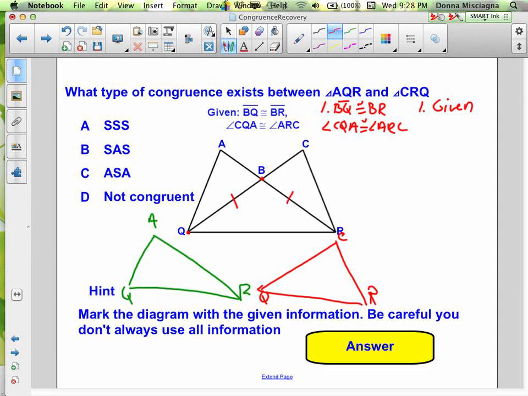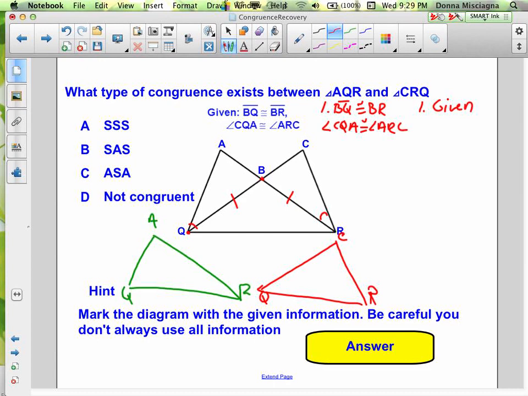And we're given that angle CQA, which is this angle here, also not in our triangle, is congruent to angle ARC, this angle here. Well, that's not very helpful, is it? None of those things are in the triangles we're trying to prove congruent.